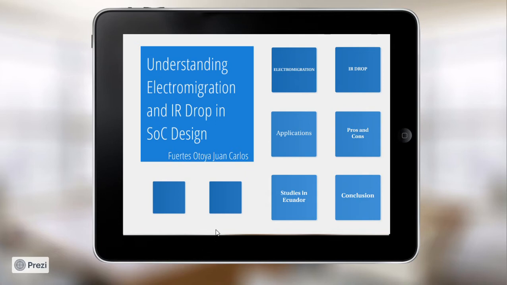Introduction. As we push to lower technology nodes in IC chip design, the wires get thinner along with the transistor size. This makes the wire resistance more dominant at 16 nanometers and below.